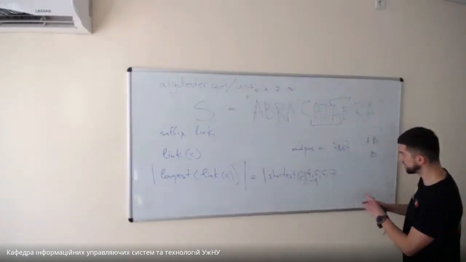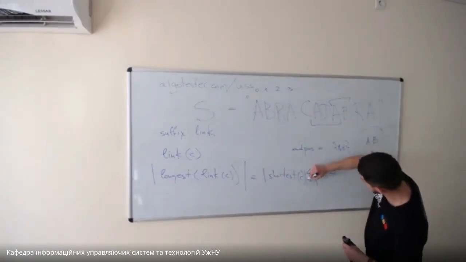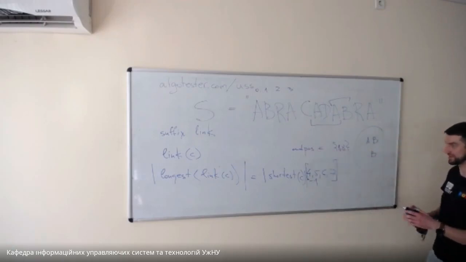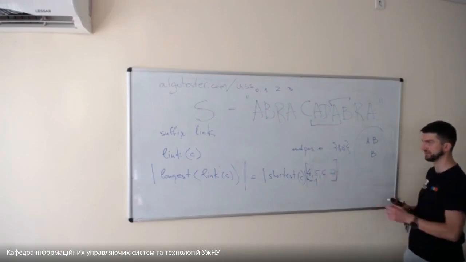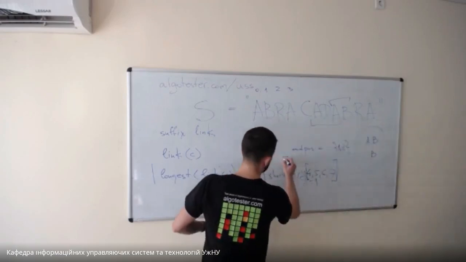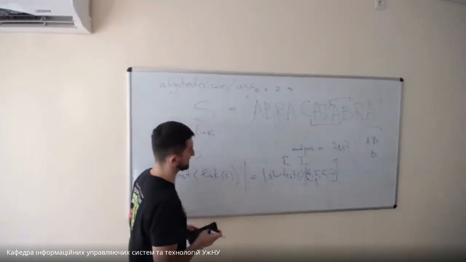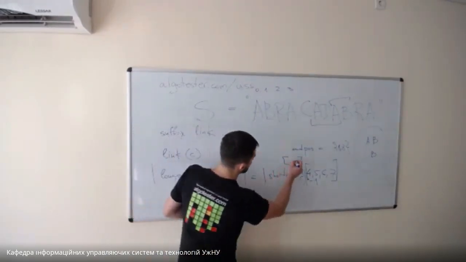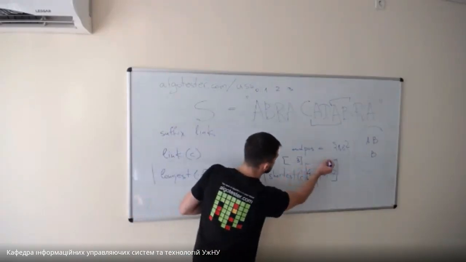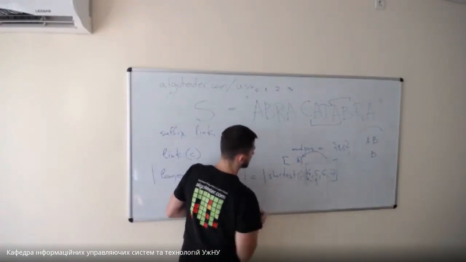So in our example, we had a class of equivalence with strings of lengths 4, 5, 6, and 7. And then there is another class of equivalence which ends with length 3. And there will be a suffix link from here to here.